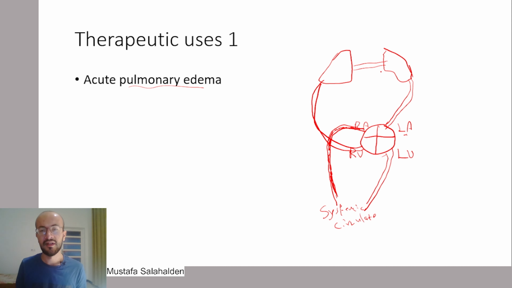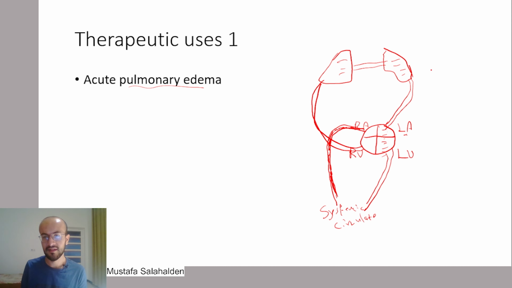Yeah, so if the left side of the heart is weak, this would lead to the blood not being able to move or eject freely from the lungs into the left side of the heart, so the blood would collect in the lungs here.